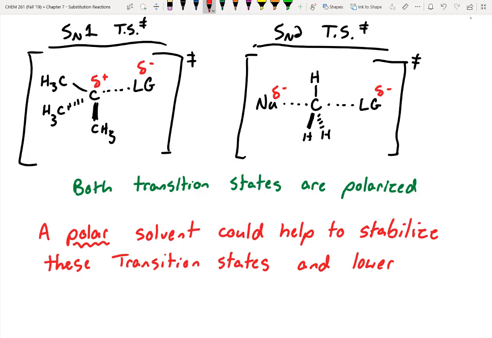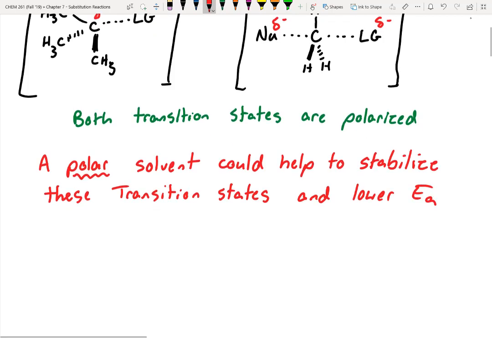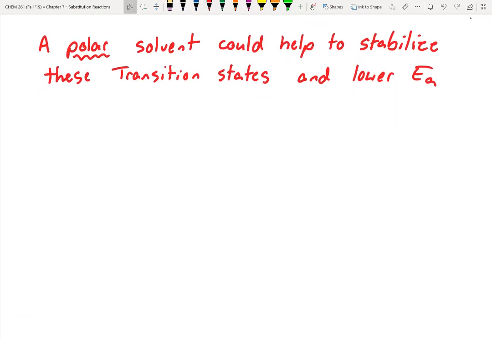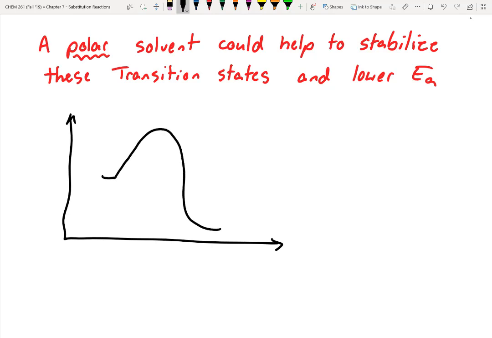And lower the activation energy. So what I mean by that is, let's imagine our activation energy for our rate limiting step. I'm just going to pick one like this. If we think about this, the black line would be equal to a non-polar solvent.